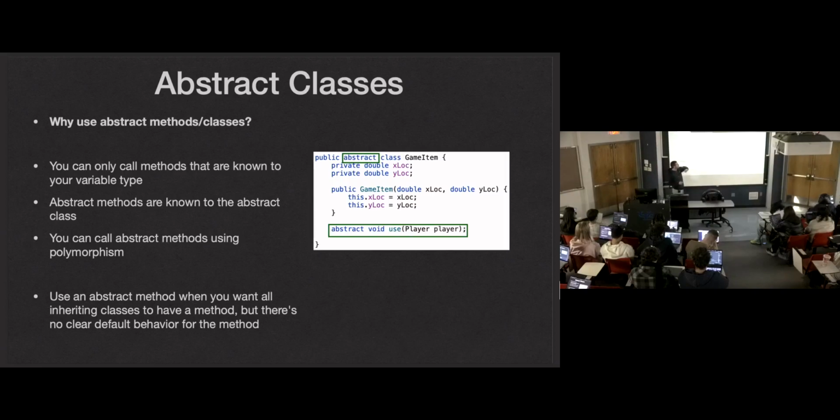So the question is, if I have some other class that has a concrete method, void use, takes a player, has some implementation, and then game item extends that class, would that definition be overridden to be abstract now? I actually don't know the answer. I could go 50-50 on that. Would it override it and make it abstract, or just inherit that definition? I'm not sure. I want to try that one now. Maybe we'll try it Friday's live coding.